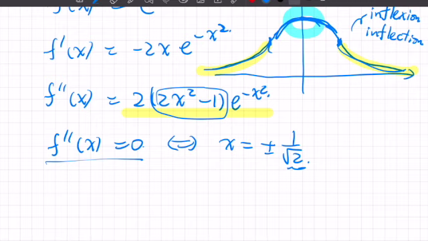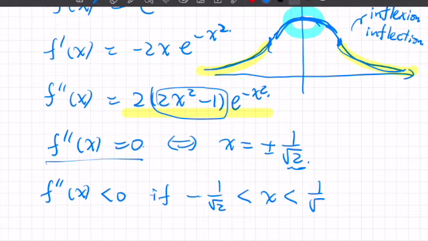So f double prime of x is negative if x is between these values, and it's positive if x is either greater than the positive value or less than the negative value.